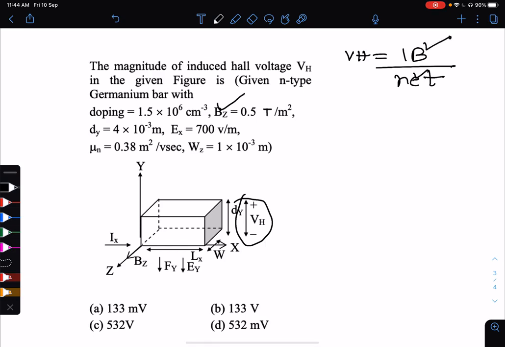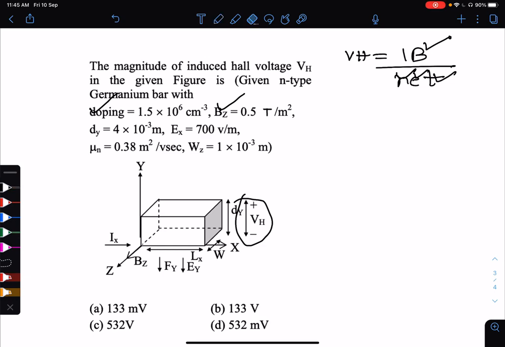E we already know the value. N is there because it is an N-type semiconductor, so we can assume complete ionization and treat N as the doping concentration. N is also given and T is given. Of course, T means the width, right? Yes, it will be the width.